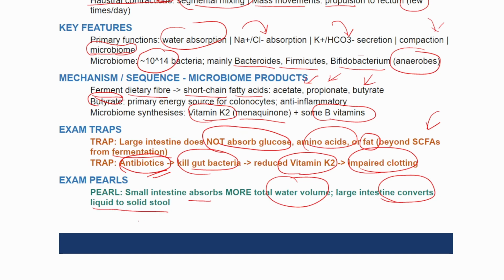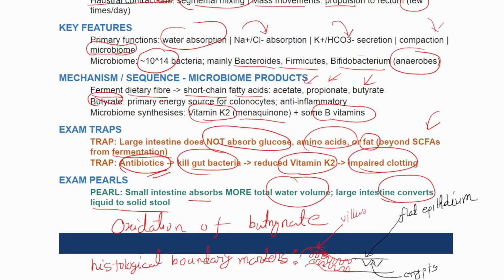And some bonus pearls are, unlike most tissues in the human body that rely entirely on systemic glucose delivered via the bloodstream, the epithelial cells of the large intestinal lining are unique because they derive the absolute majority of their cellular energy from the local luminal oxidation of butyrate.